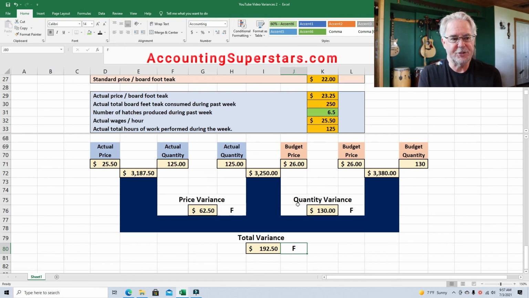Make sure labor did a good job, because sometimes labor might not have done the whole job, or didn't do the job to specifications. So when it says favorable, it's good, of course, but you want to check into it. Make sure it's really good. So the total variance is 192.50 favorable.